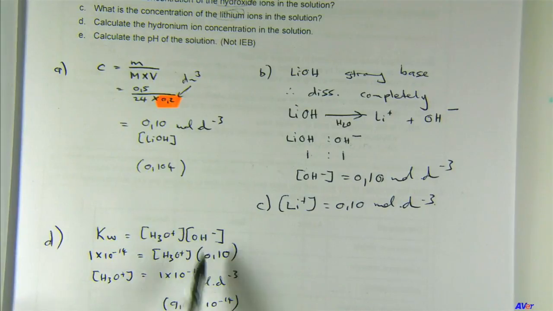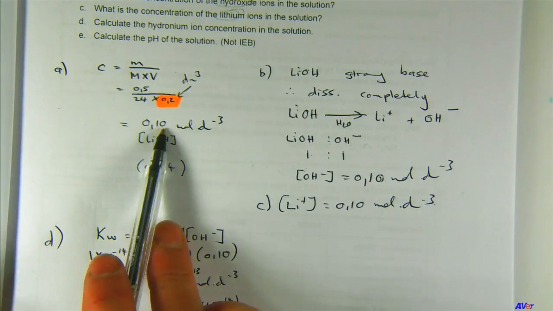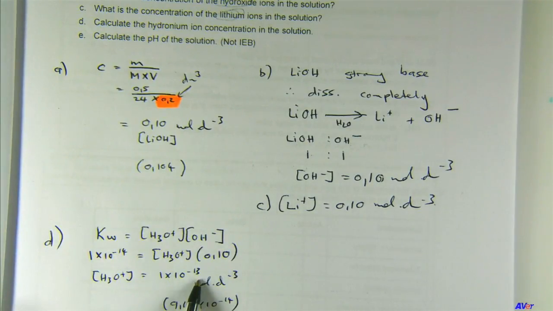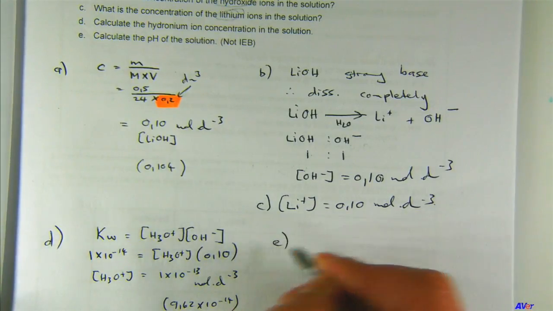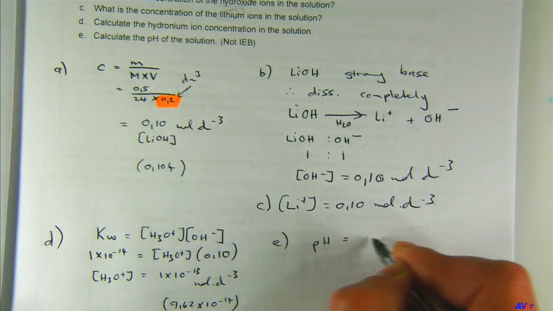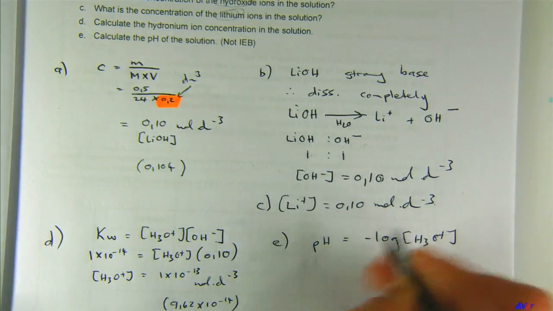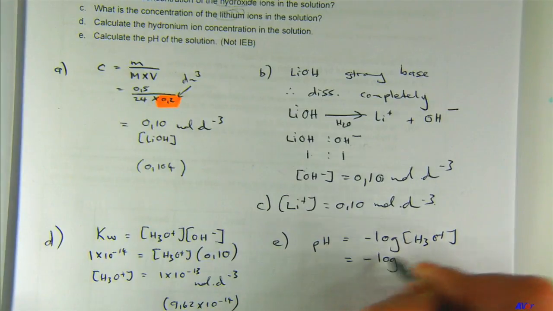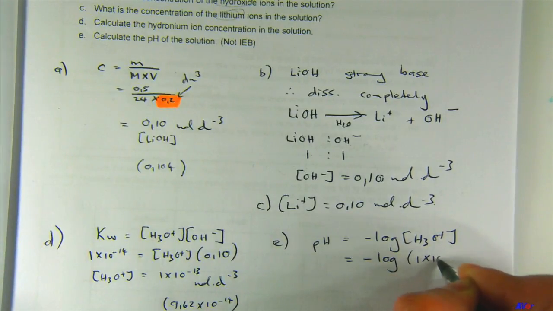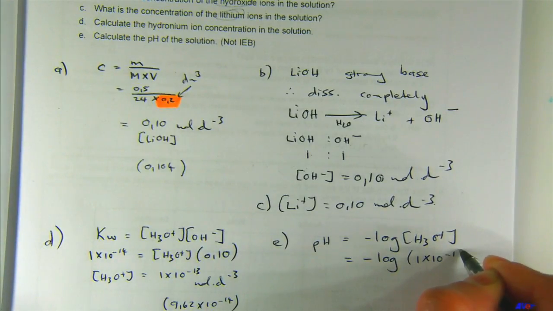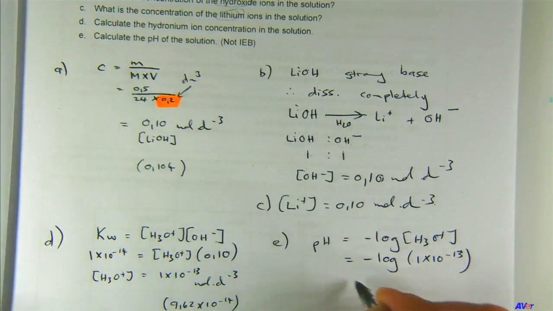If you round it off to 0.10, you will end up with 1 times 10 to the minus 13. And then pH is just putting it into the equation. Negative the log of the H3O+, negative log of 1 times 10 to the minus 13 to give you a pH of 13, and if you haven't rounded, you would have ended up with 13.02.